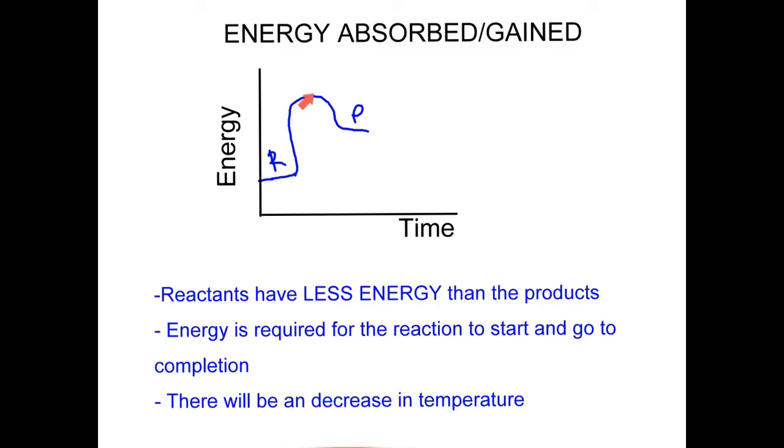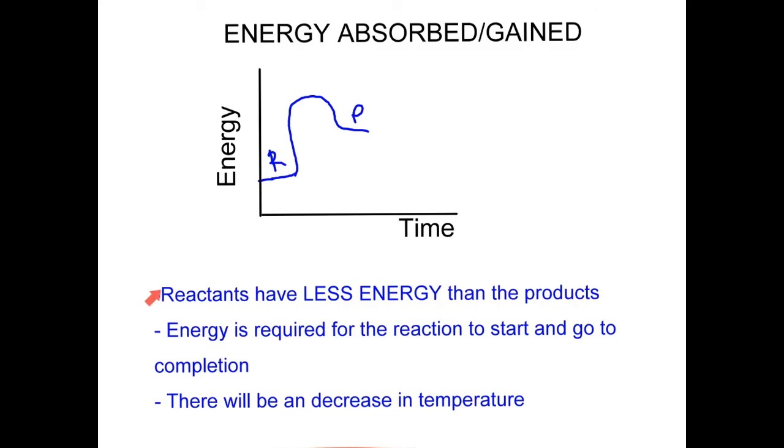there's going to be a lot of energy which is absorbed into the products. And as you can see, the products have more energy than the reactants. They've had to absorb a lot of energy. It takes a lot of energy to make these reactants combine and recombine to form new products.